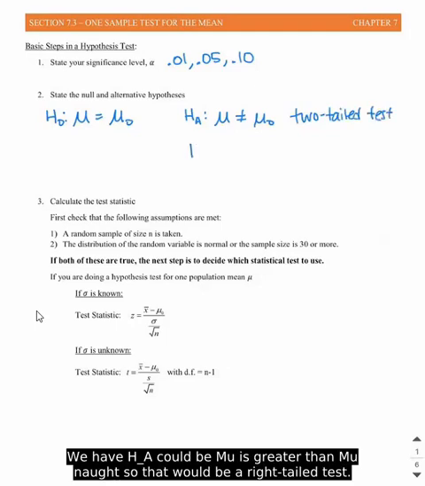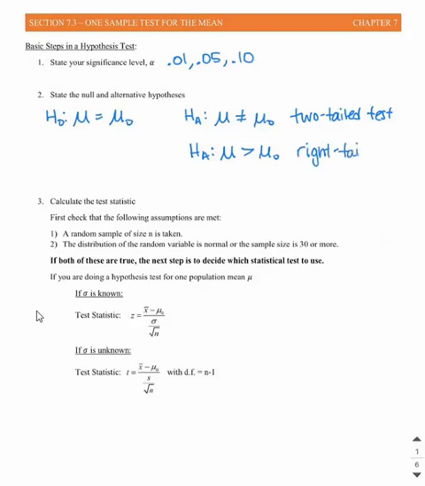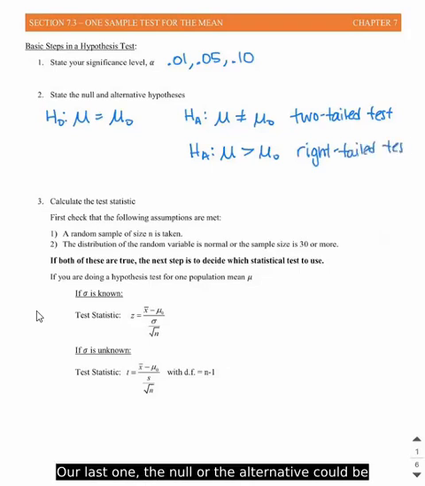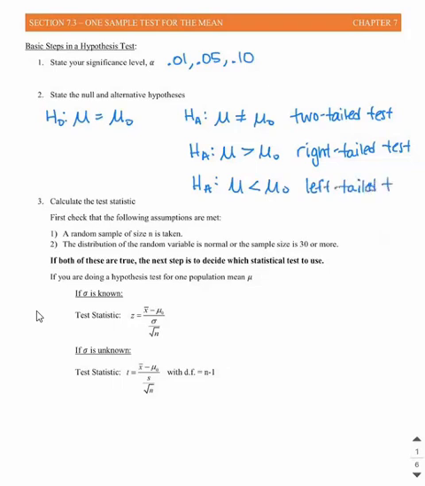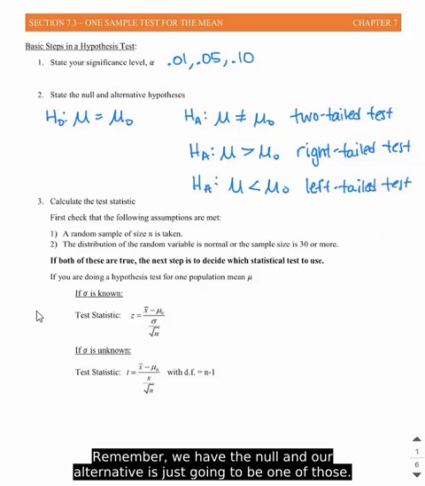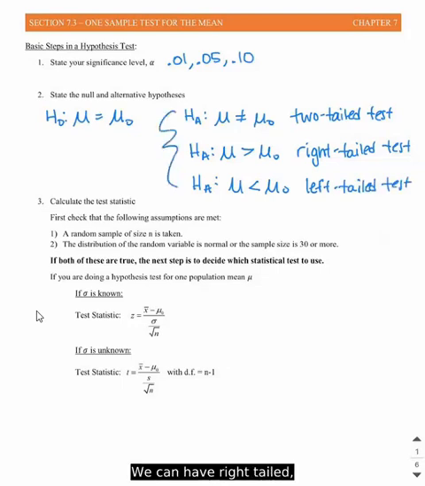HA could be mu is greater than mu naught, so that would be a right-tailed test. And our last one, the alternative could be mu is less than mu naught, and this would be a left-tailed test. And remember, we have the null, and then the alternative is just going to be one of those. So we could have a right-tailed, left-tailed, or two-tailed test.